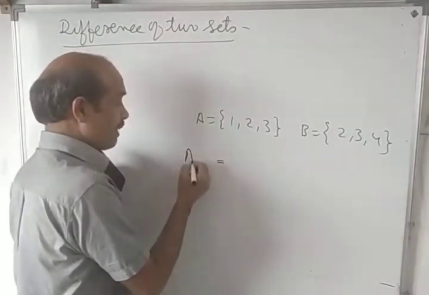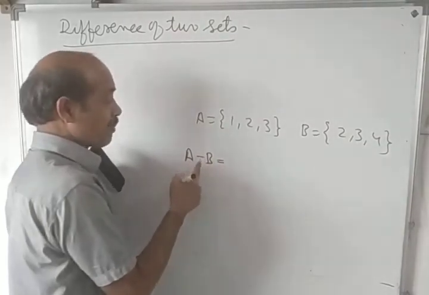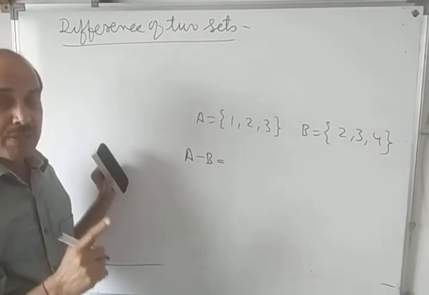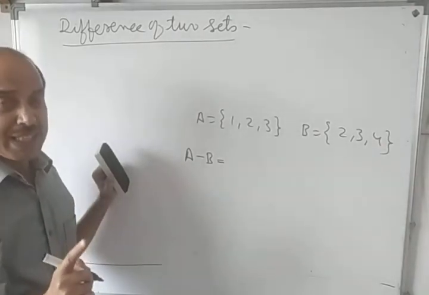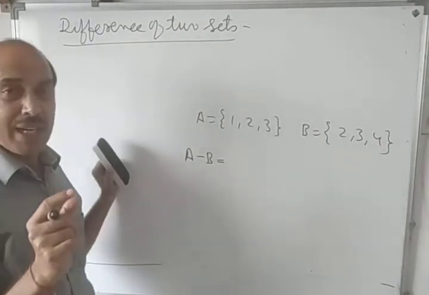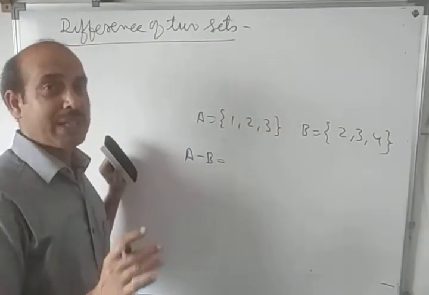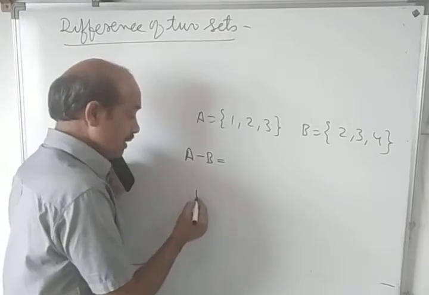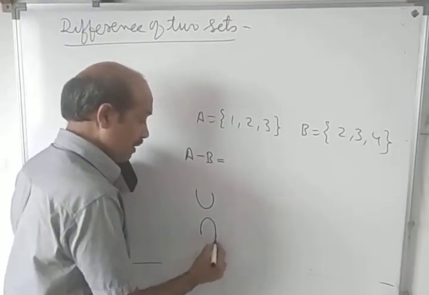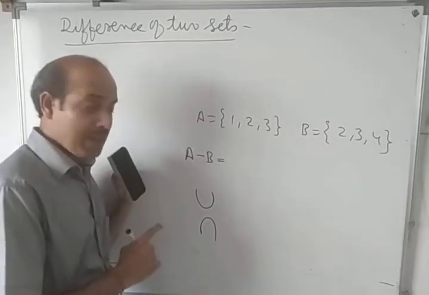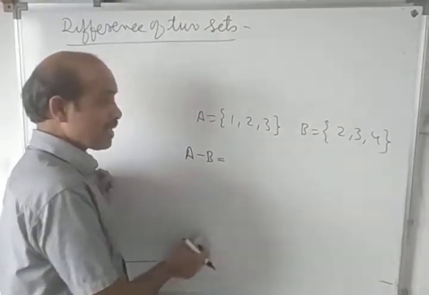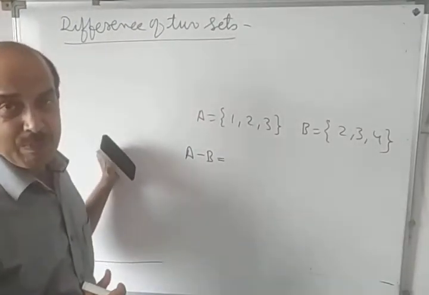If you are writing difference of A and B, then minus sign will come. This is the symbol to represent difference of set. We are not subtracting. Remember, you cannot add or subtract two sets. This is a symbol, like union symbol is this, intersection symbol is this. In the same way, this is the symbol minus to represent difference of sets.